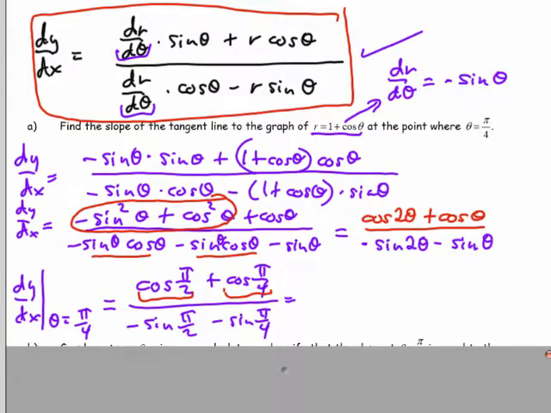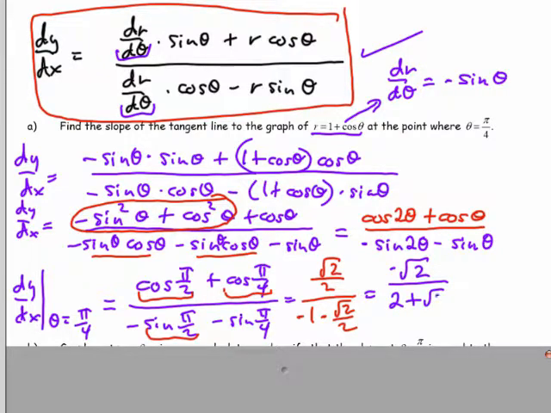Cosine of pi over 4 is root 2 over 2, divided by sine of pi over 2 is 1, so that's negative 1 minus root 2 over 2. And we can multiply top and bottom by 2 just to make this look a little bit more friendly. And I'm also going to transfer the negative to the top. And if I type that into the calculator, that's approximately negative 0.414.